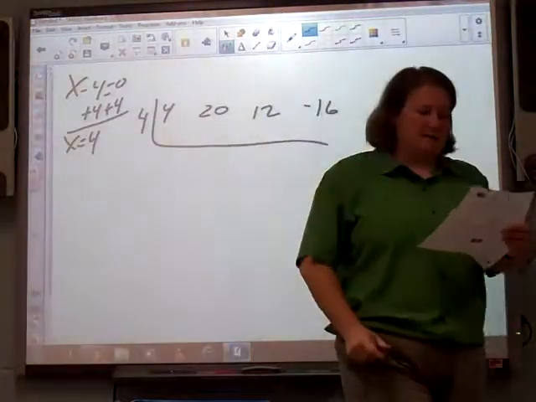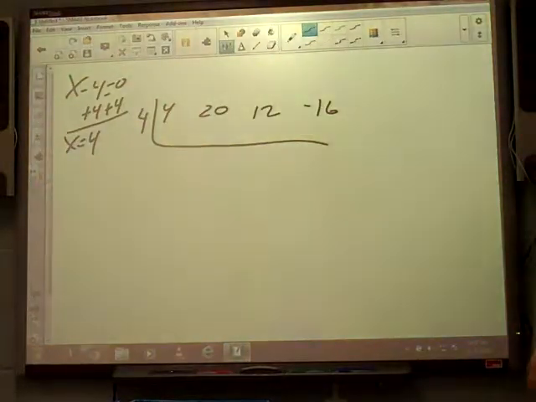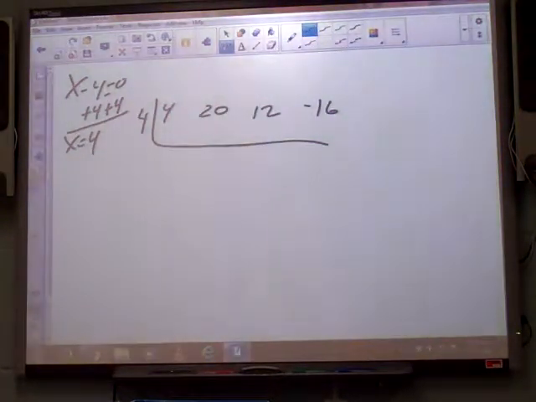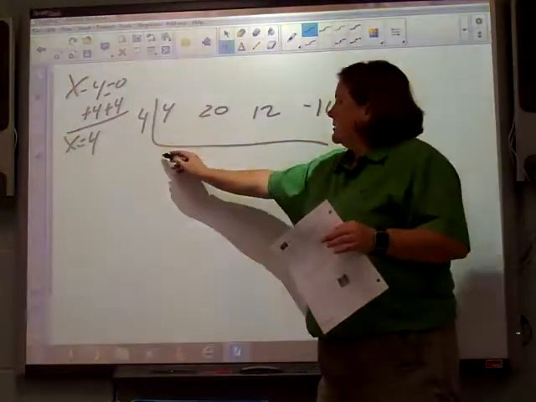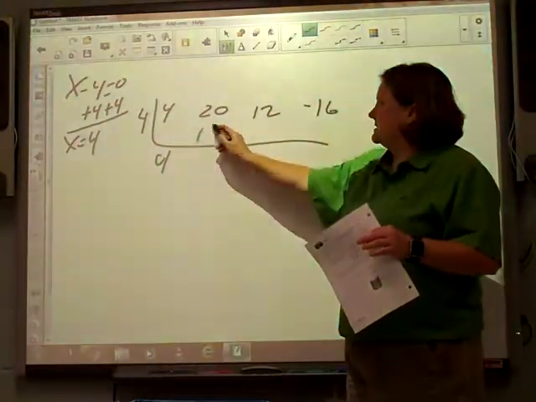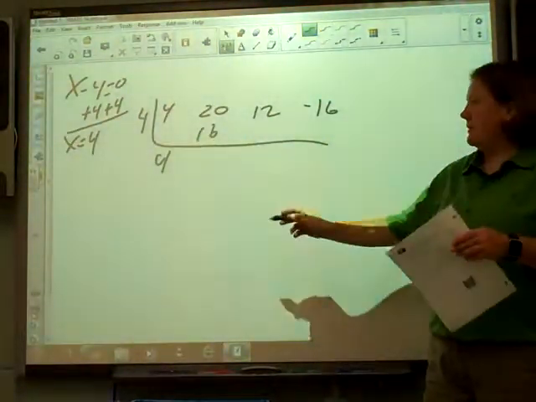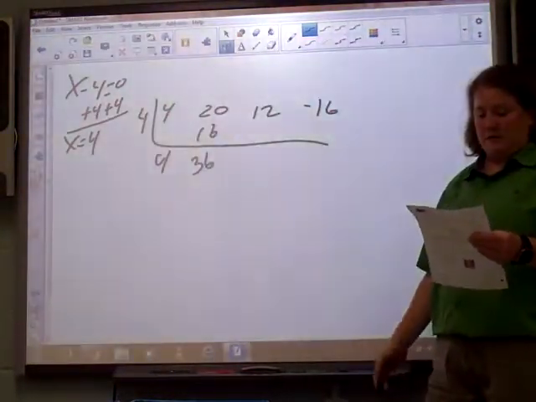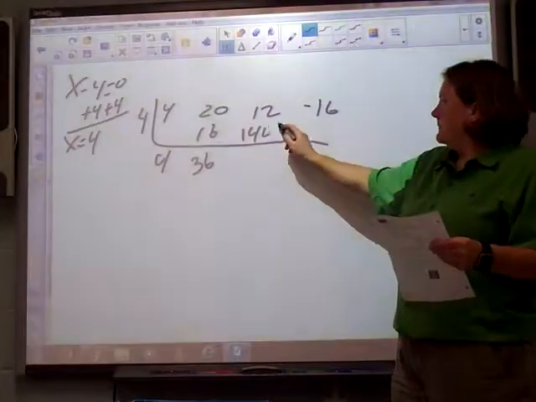Now this one doesn't say to solve or anything, it just says divide. So I only have to do the level of synthetic division one time. So drop my 4 down. 4 times 4 is 16. Add and get 36. 36 times 4 was 144.